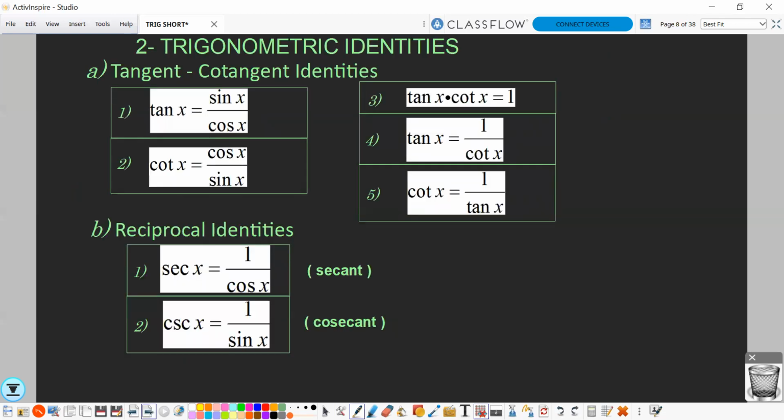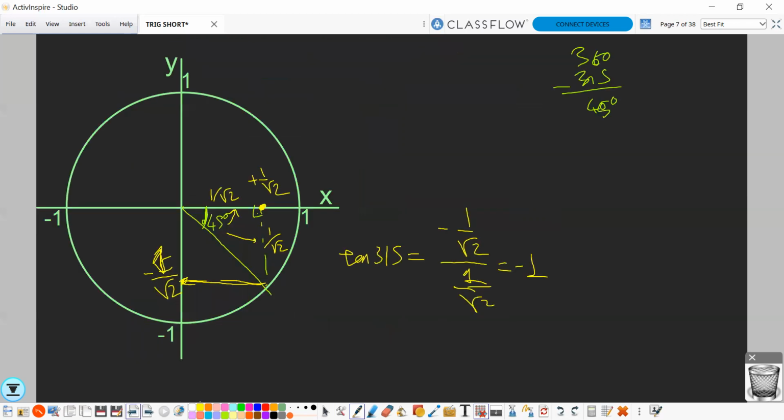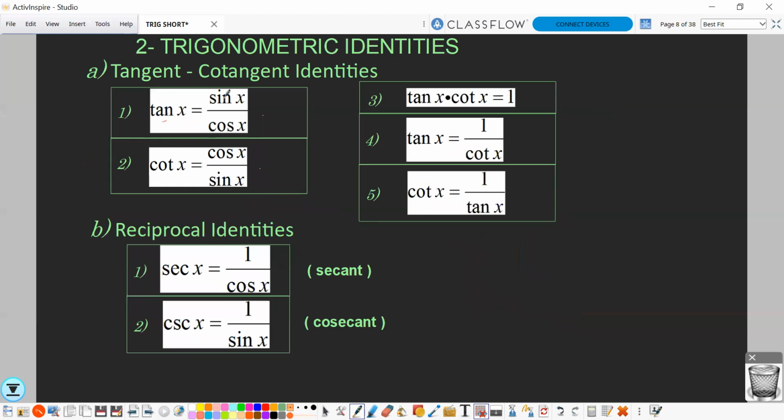Then we have some identity questions also in the following test. And tangent and cotangent, the process that I just made in here, actually this opposite number is corresponding with sine, this is corresponding with sine 350, the y numbers are giving us sine, the x numbers are giving us cosine. If you realize that, tangent is equal to sine over cosine, the formula that you have here: tangent is sine over cosine, cotangent is cosine over sine.